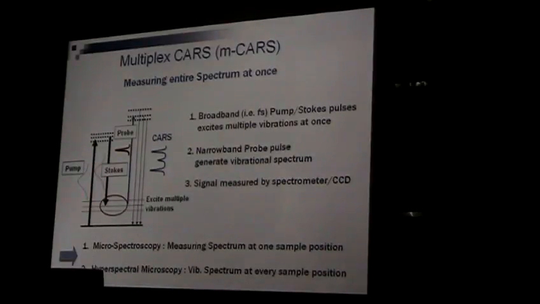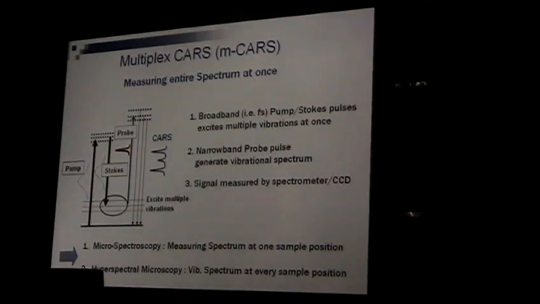Okay, again, with the Heisenberg principle, if you have a short pulse, on the energy side you have a broad bandwidth. If you use a femtosecond laser in pump and Stokes, now instead of creating just one single vibration, you create whatever vibrations the molecule has. Okay, so this is why it's called multiplex.